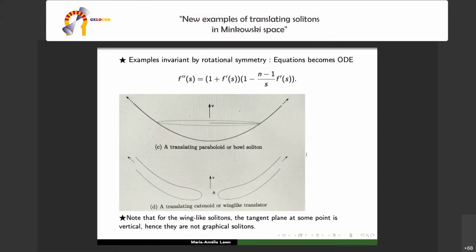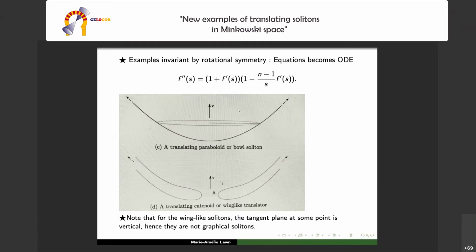So maybe a little bit more interesting examples are the translating solitons which are invariant by rotational symmetries. In this case, one can show that the only examples are the translating paraboloid, which is a graphical soliton, or something which is called the wing-like translator.